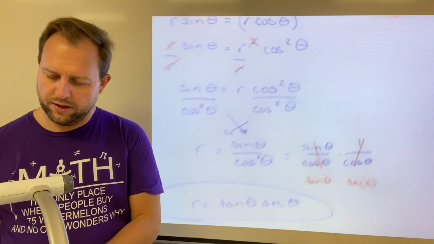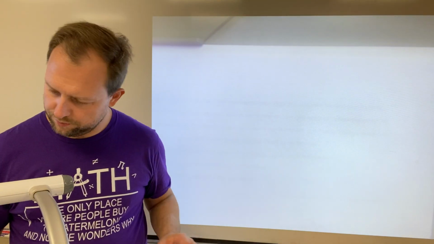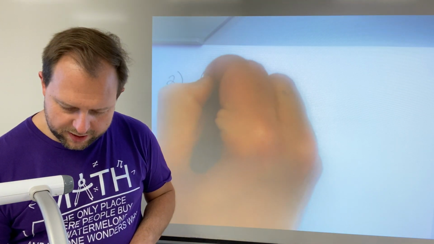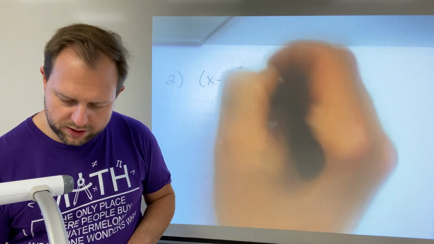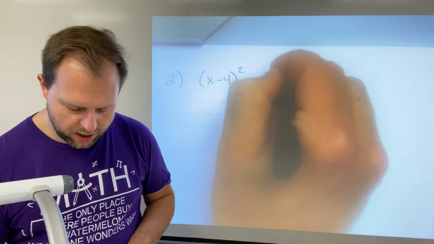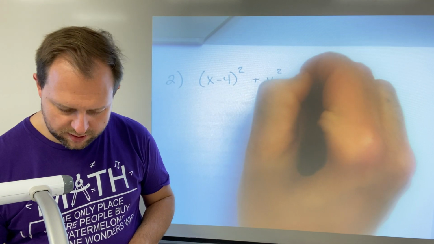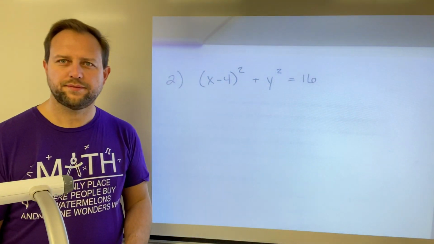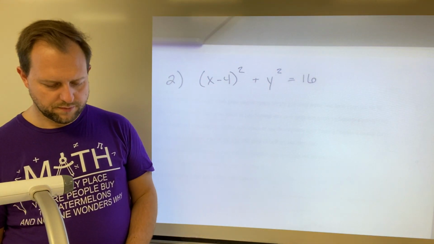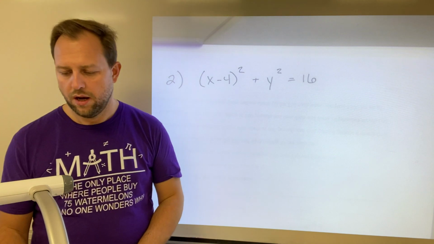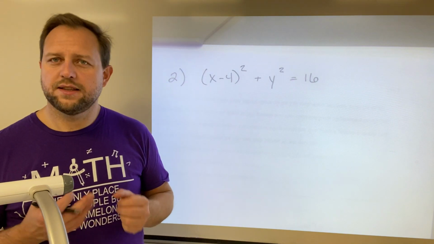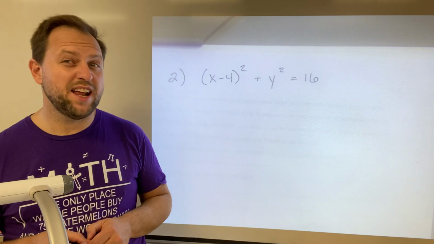Let's look at another one, a little more complex this time. We have (x minus 4) quantity squared plus y squared equals 16. Okay? It's going to take some plugging and chugging, but it's not hard math.